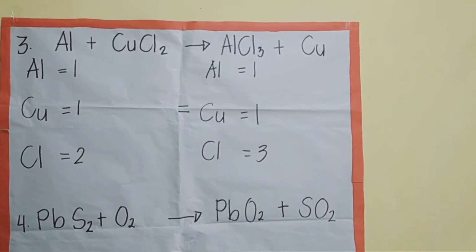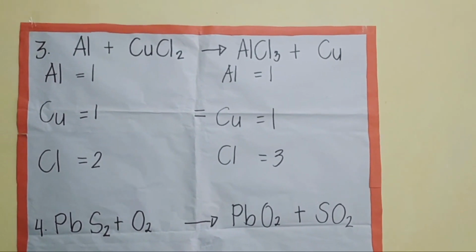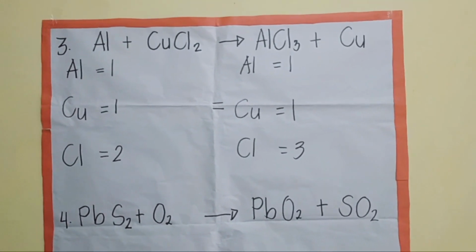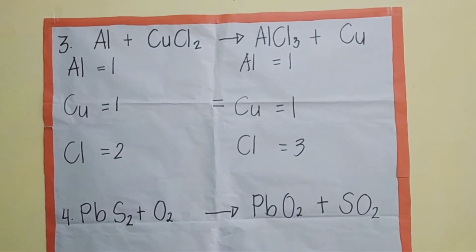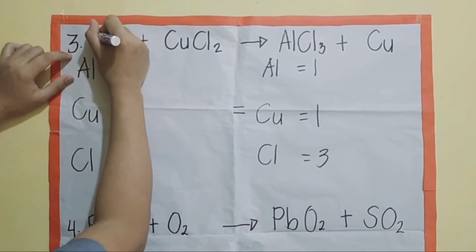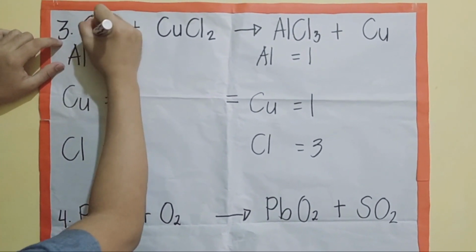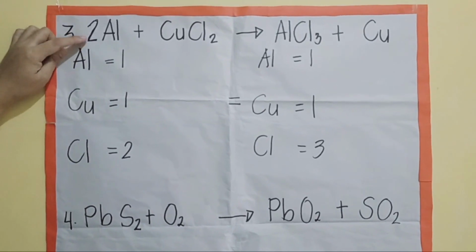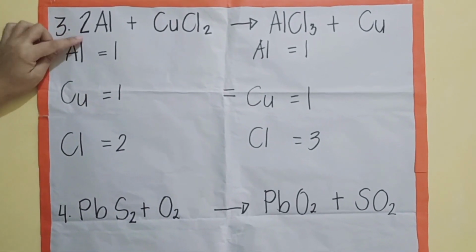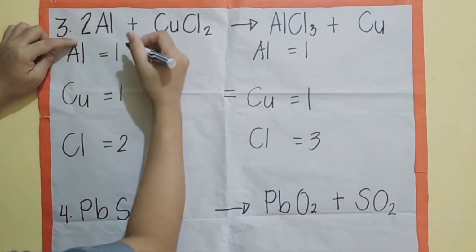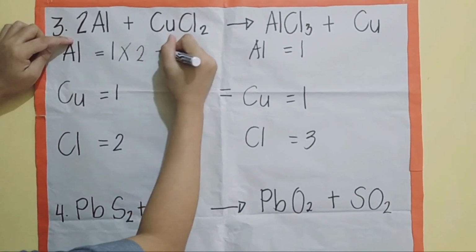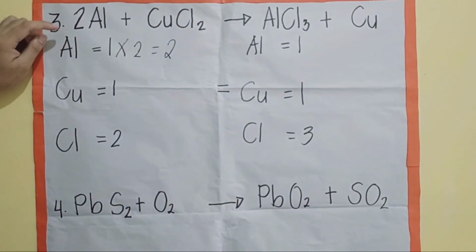So what number are we going to add to balance aluminum? Okay, let's write 2 here at the left side. So since we add 2, 1 times 2, we have 2.